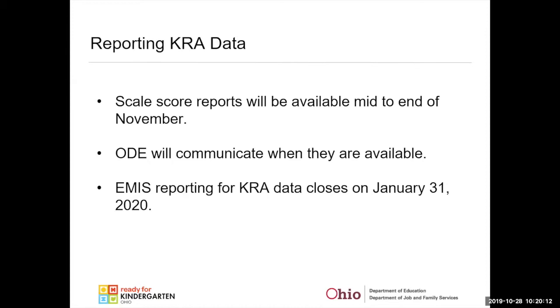Again, that date currently for EMIS closes on January 31st. If there are changes in the EMIS reporting window, we look for the communications that come out from the EMIS team. And if we get wind of that information, we can also share that with assessment data managers.